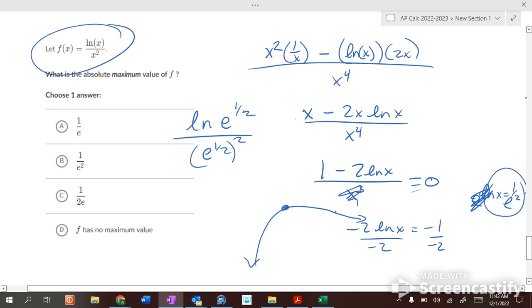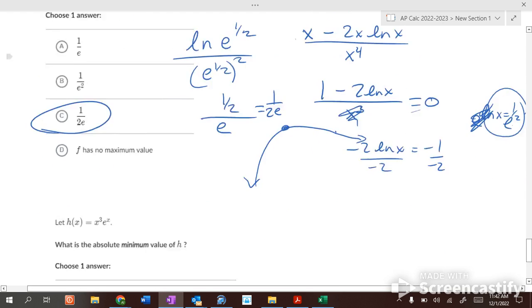What's e to the 1/2 squared? E. What's ln of e to the 1/2? 1/2. 1/2 over e is the same as 1 over 2e. Okay?